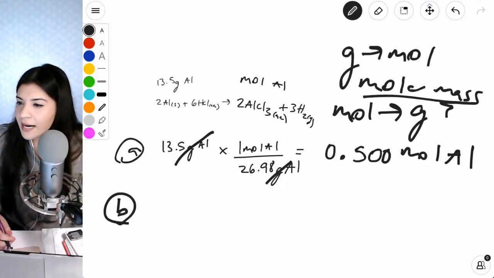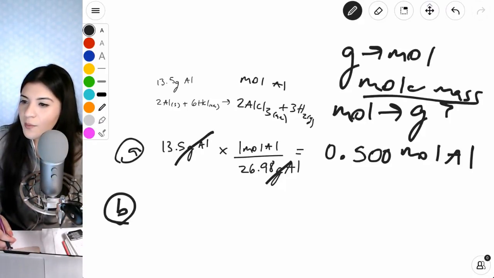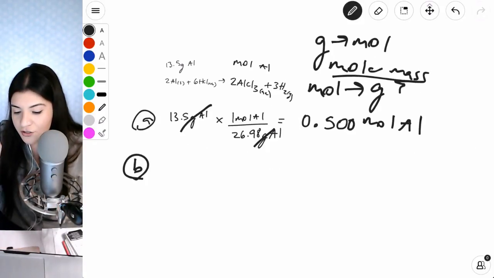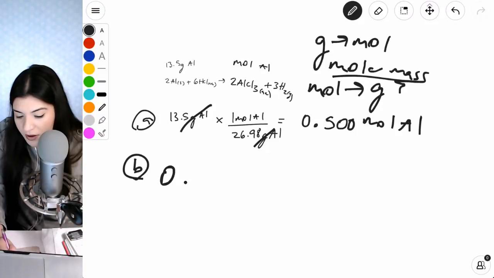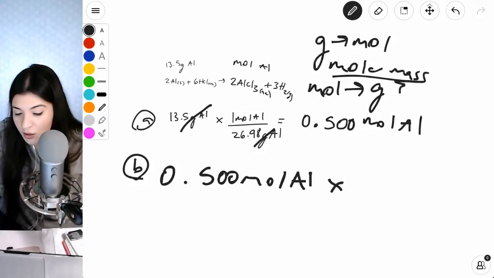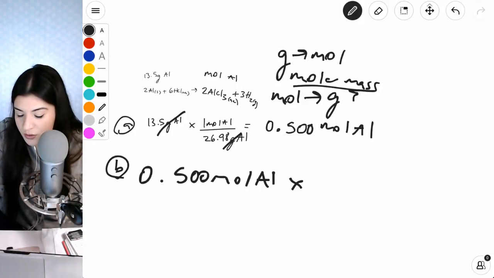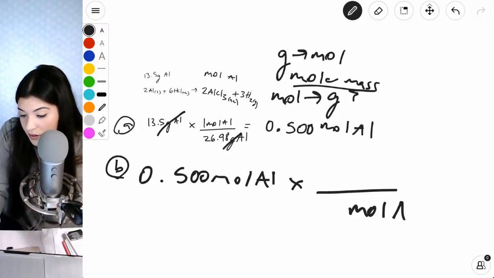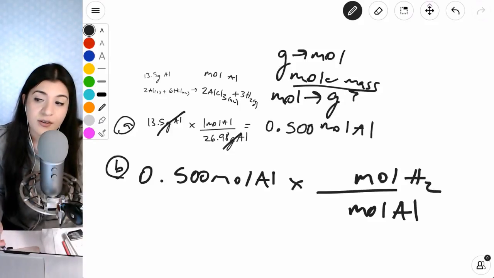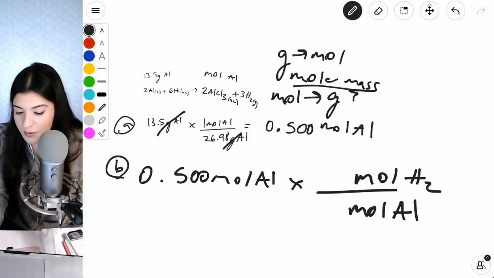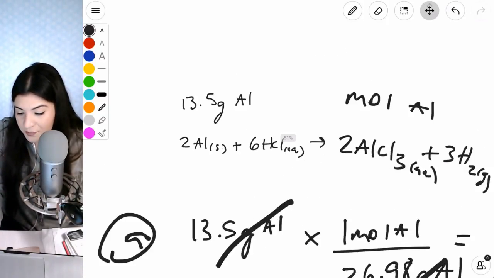So then now for part B, it's stating how many moles of H2 are produced. All right, so I'm going to take what I just found, the 0.500 moles of aluminum, and now I'm going to change the element to H2. So now I want to get a mole to mole ratio. I'll align the units, put the moles of aluminum on the bottom so they can cancel, moles of H2 on top since that's what we're trying to figure out. And where I'm going to find these numbers is the balanced equation.